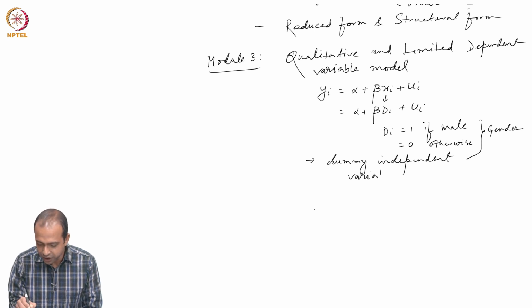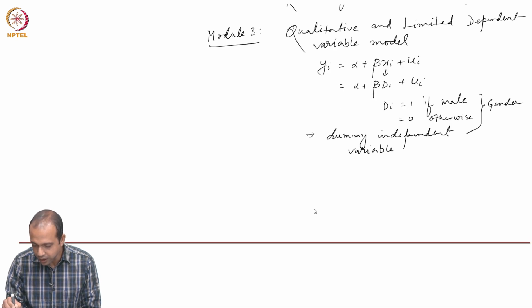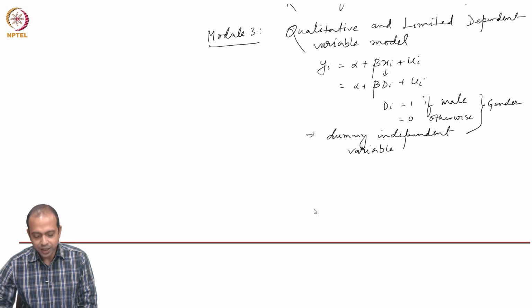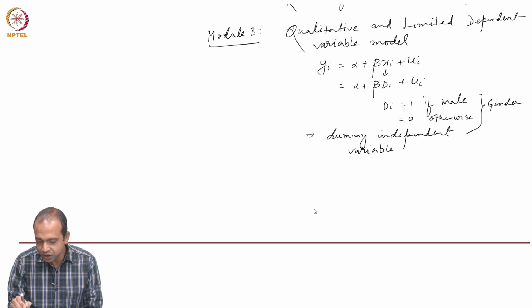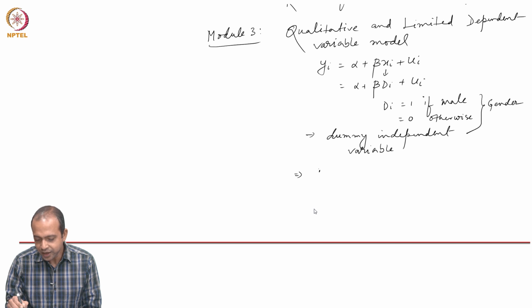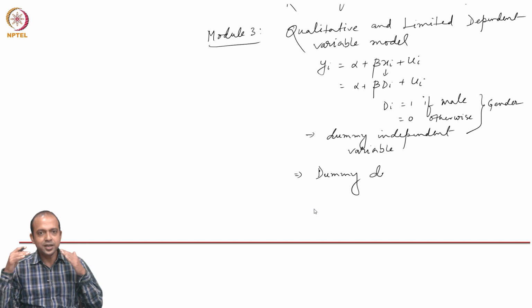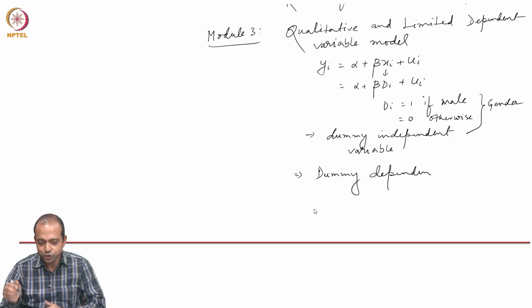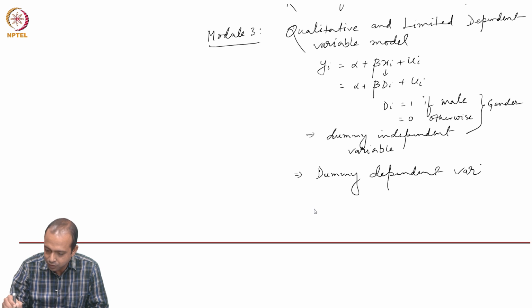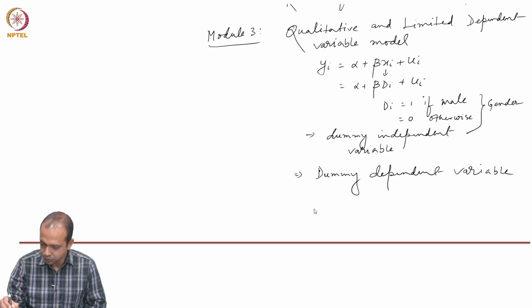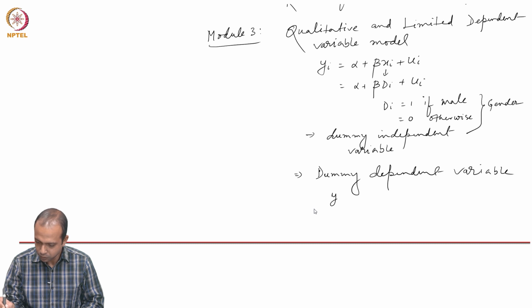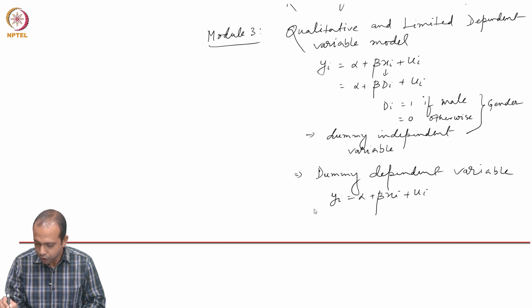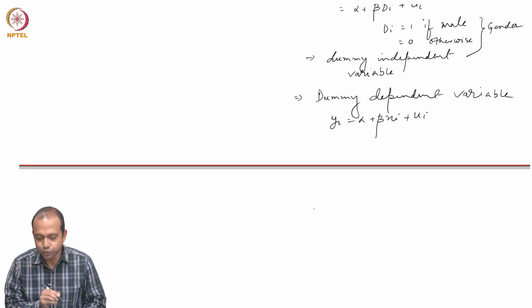Right? For example, I can say yi equals alpha plus beta xi plus ui, and this yi takes value 1 if the individual has a car, 0 otherwise.